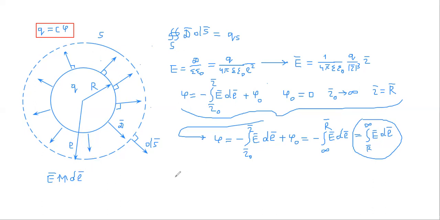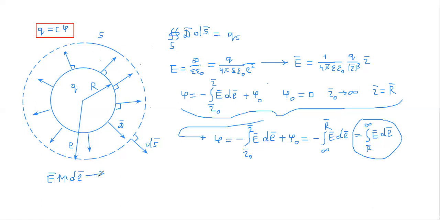So we have chosen such a way that the vector E has the same direction as the vector dl. We can do this because the electrostatic field is always a potential field.